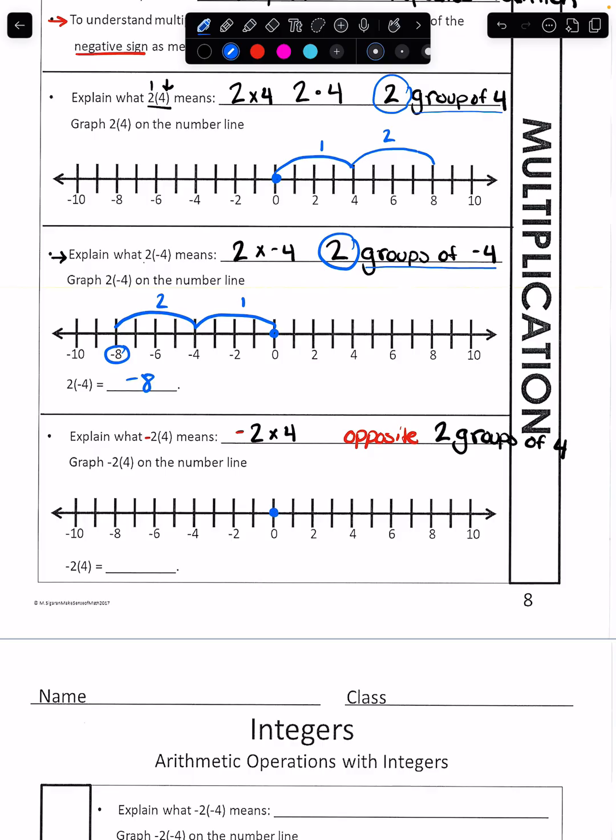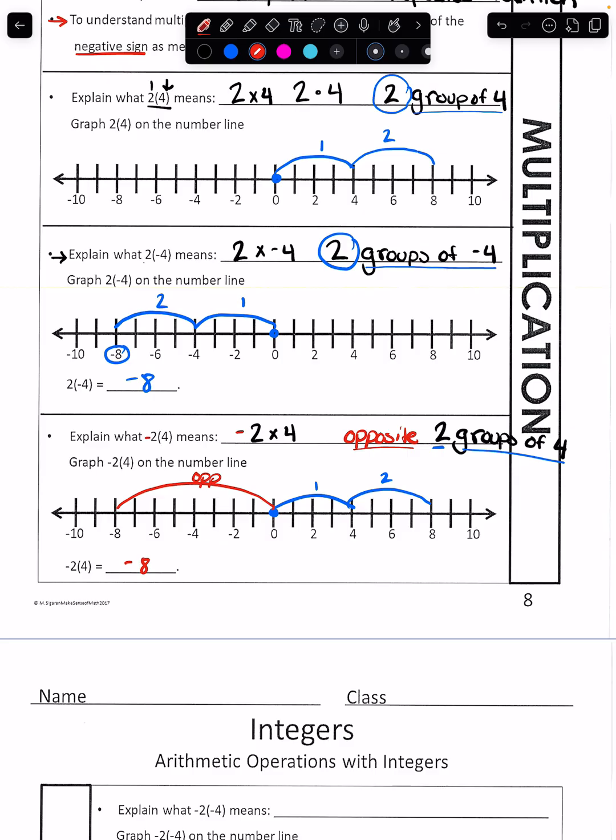I'm going to graph my 0. It says I have groups of 4, so I'm going to go group of 4 right here. Here's one group. It says I got 2 groups, so I'm going to go one more. Here's my 2 groups. But since it says the opposite of whatever I just did, I'm going to have to go the whole opposite way. Here's my opposite line. And I will end up with negative 8.